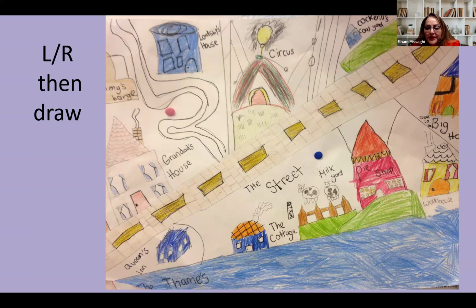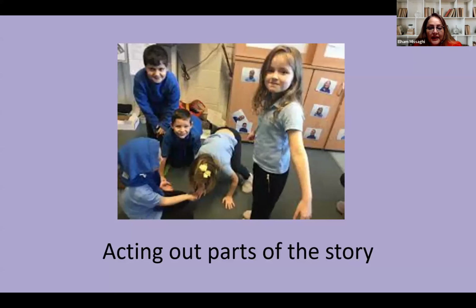That text was about the shop and milk yard, the cottage. And you can even ask them, can you explain your drawing to the class? So they use the words and the structure to tell the story to the class, right?